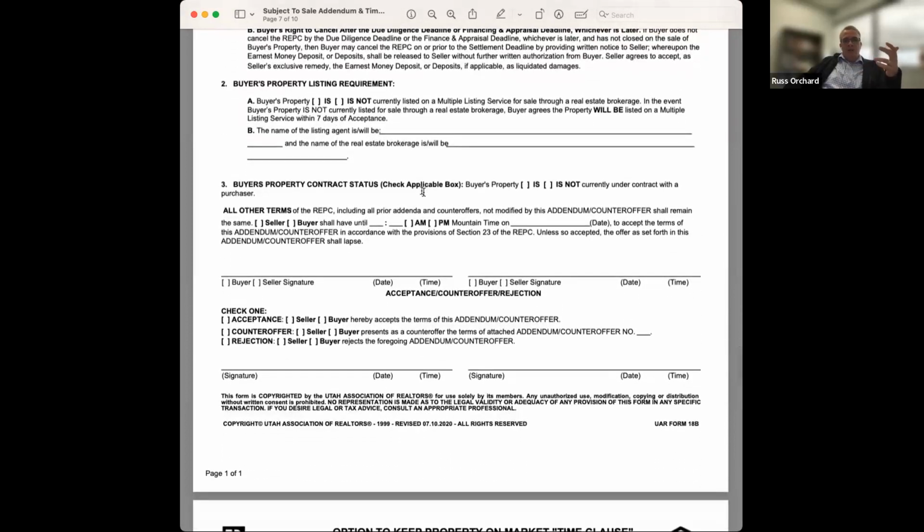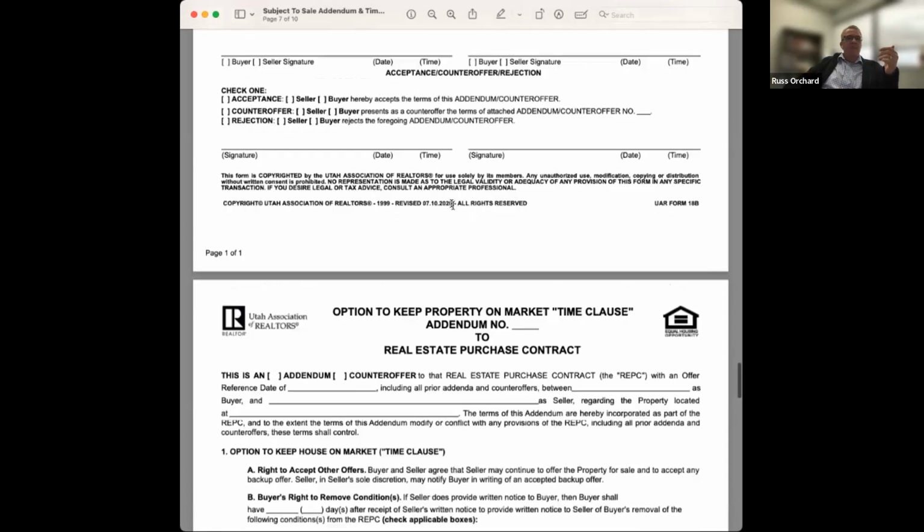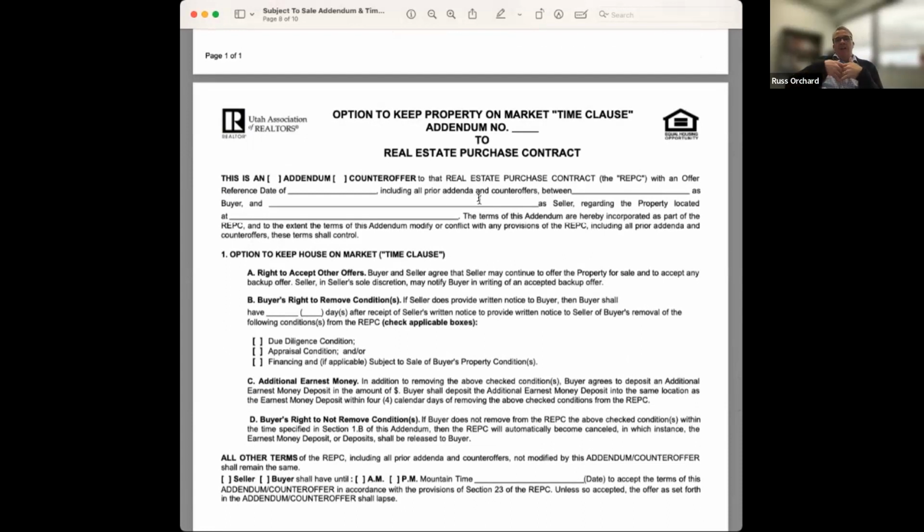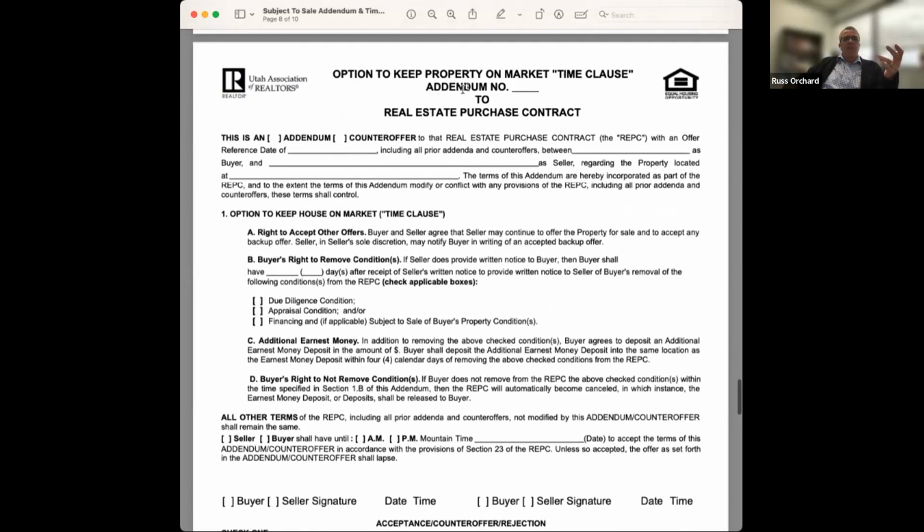Now, typically what's going to happen, and looking at who's on here, I'm sure you guys are fully aware of this, but just in case somebody goes back and is watching this later on, typically when an offer comes in that is subject to the sale of the buyer's residence, almost always the listing agent is probably going to counter back with an option to keep the property on the market and the time clause addendum. So in the event that were to happen, you would counter back, obviously, the next whatever number addendum you're on, you're going to put there.